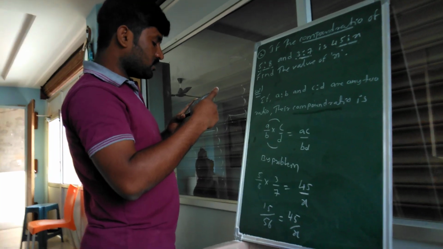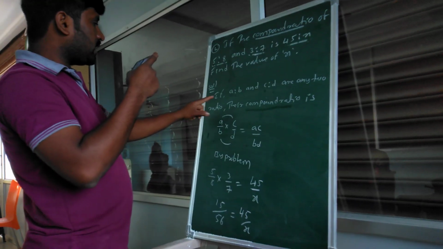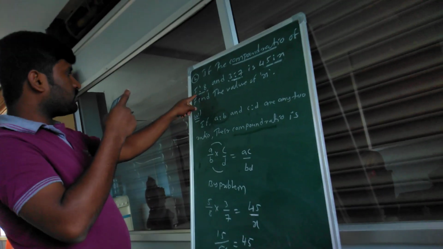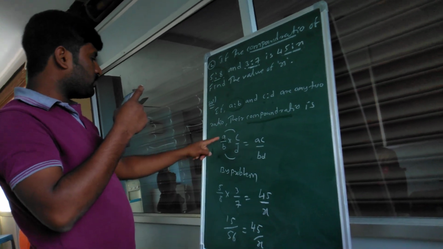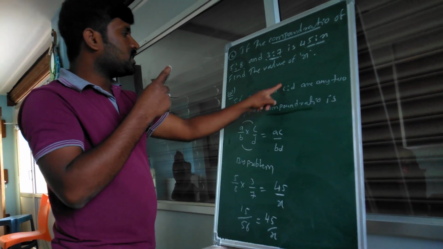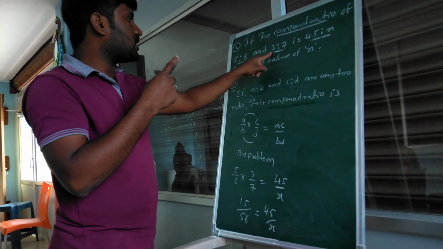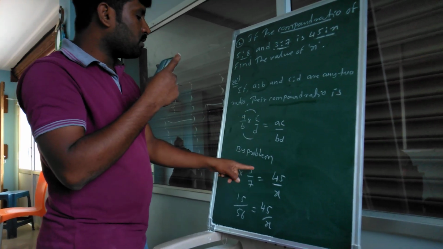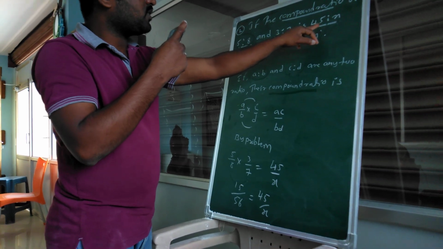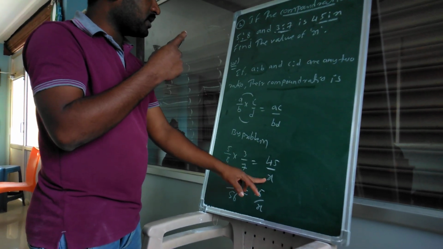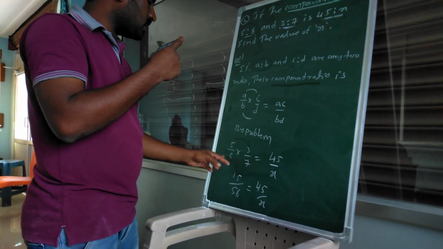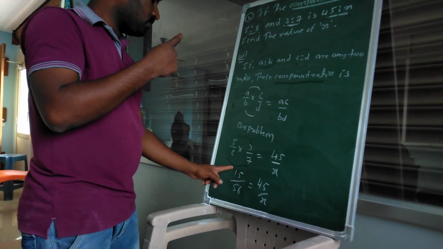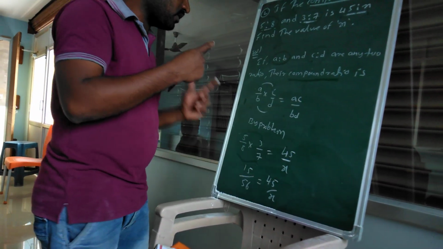Now students, I am writing A is to B, that is 5:8, in the form of A by B, and C is to D, that is 3:7, in the form of C by D. By problem it is equal to 45:x, which means 45/x. Product of their antecedents, product of their consequents: 15/56 is equal to 45/x.